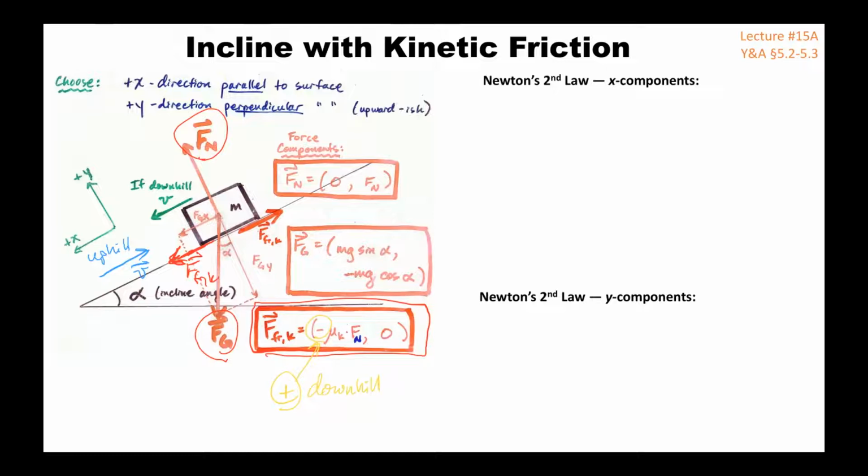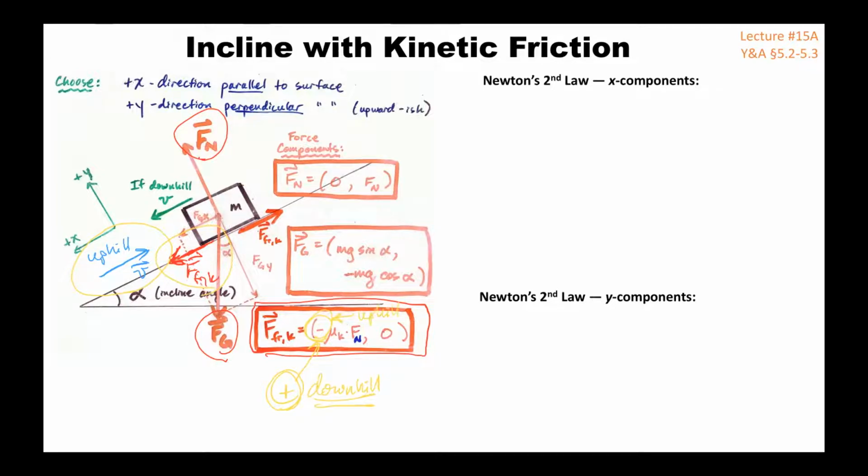That's all. Let me summarize that again. If the object happened to be sliding or moving in the uphill direction, so if the velocity is uphill, then the kinetic friction would arise in the downhill direction, and therefore its x component would be positive, for the downhill direction, instead of negative, which is the uphill direction.